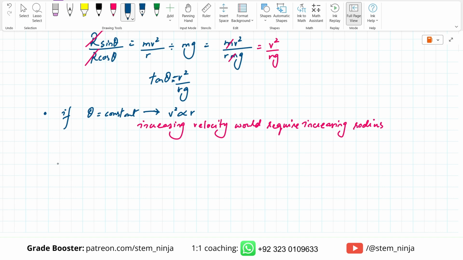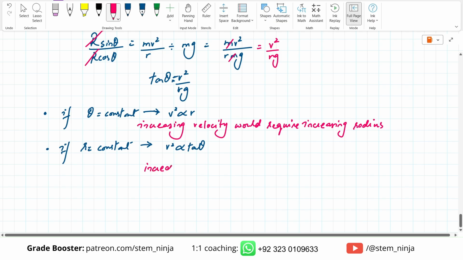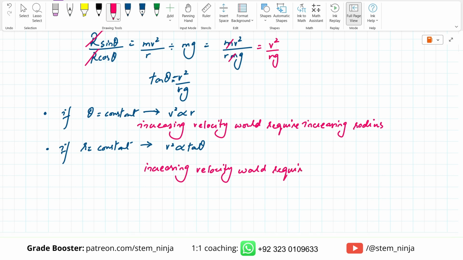Similarly, if radius is kept constant, then v squared is proportional to tan theta, which loosely means that increasing velocity would require increasing banking angle.